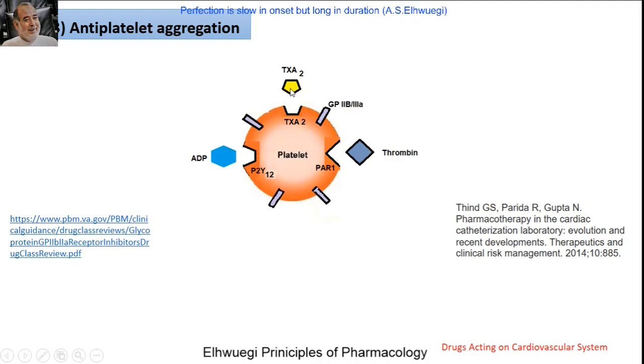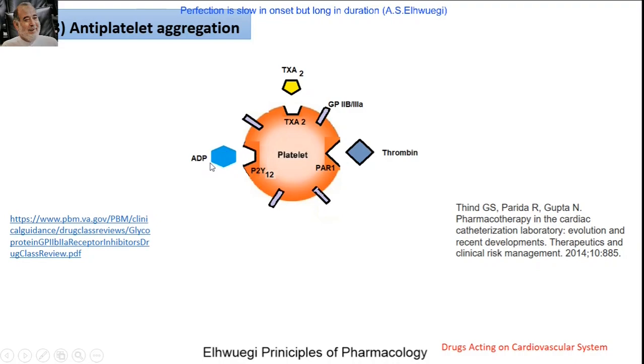Thrombin, as we have said, is produced by factor 10A through the conversion of prothrombin to thrombin, and adenosine diphosphate is produced by the injured endothelial cells.